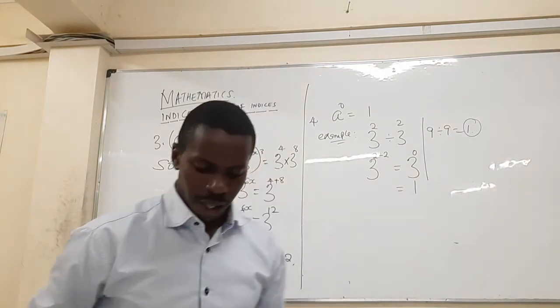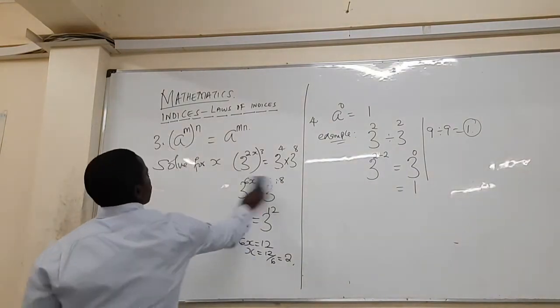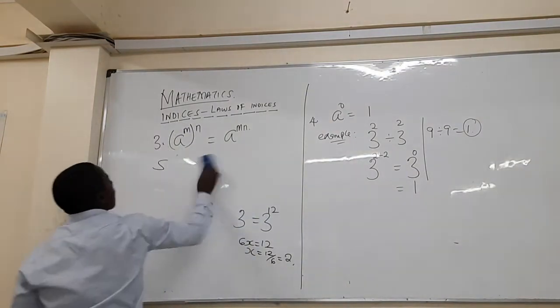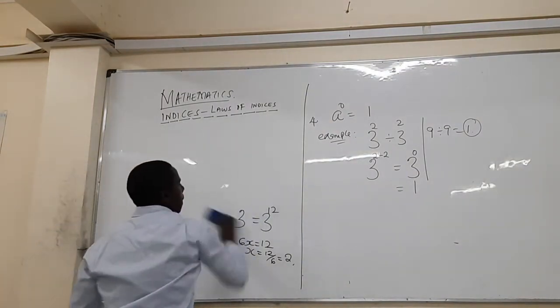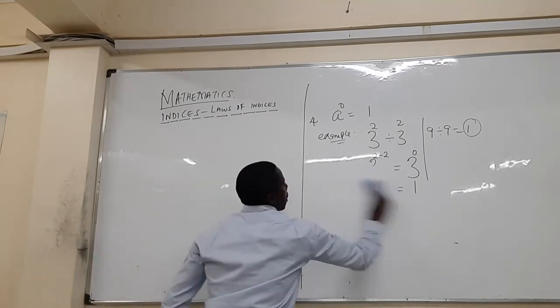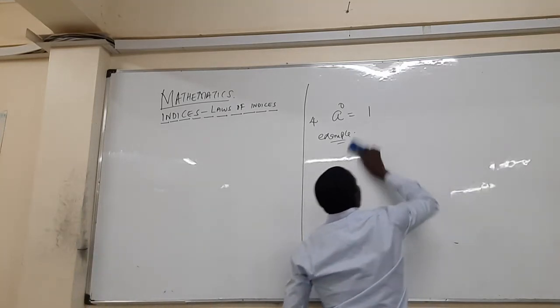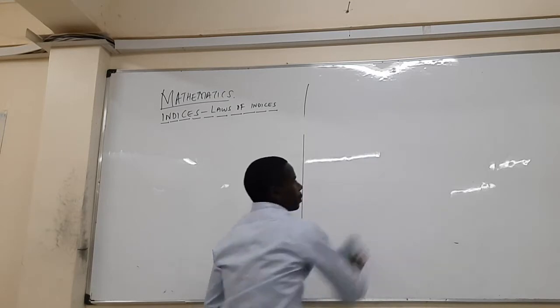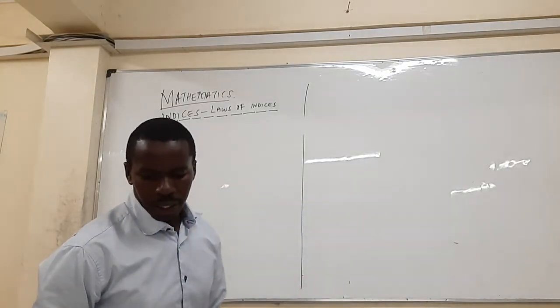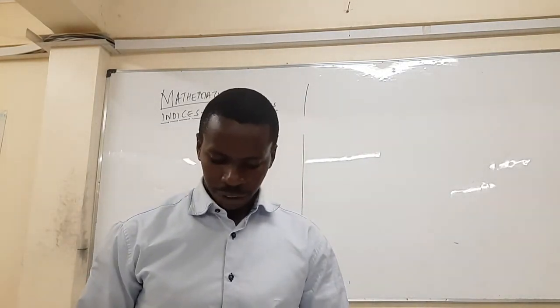Look at the fifth rule: the negative index.